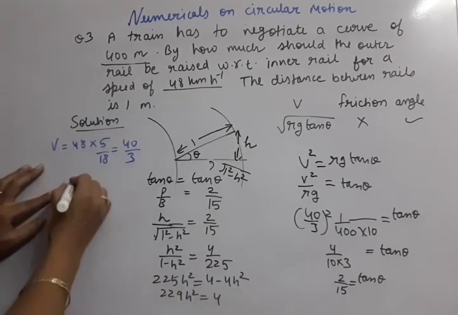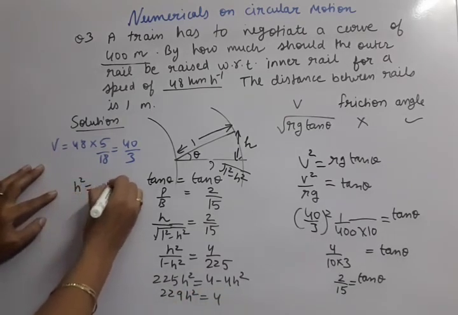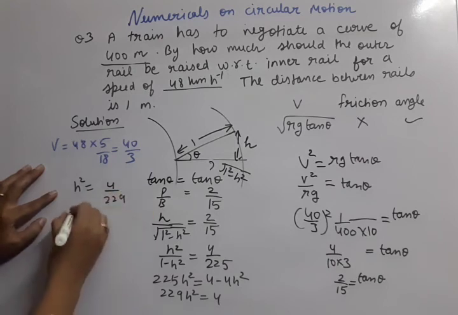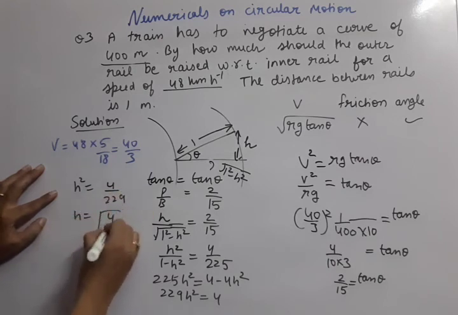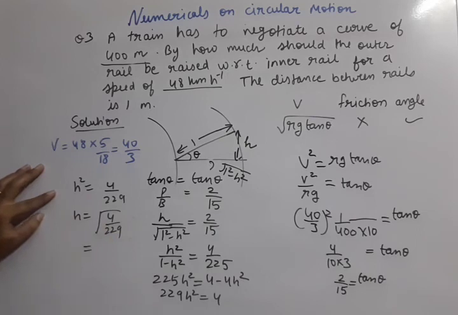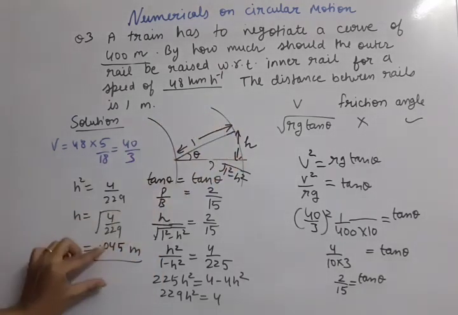So finally h square is coming 4 by 229. Take the root now and solve. The height which will come is 0.045 meter. By this amount the outer rail should be raised.